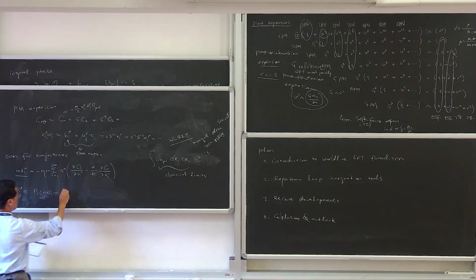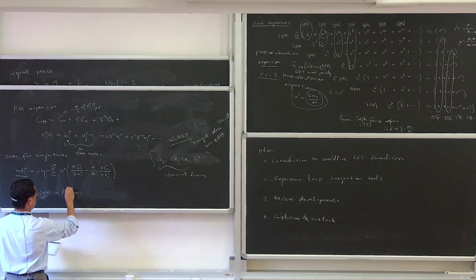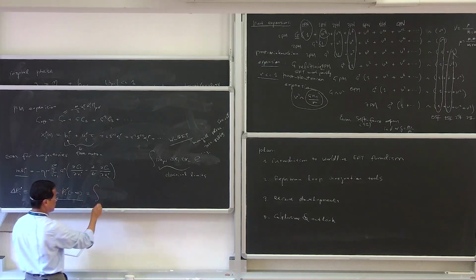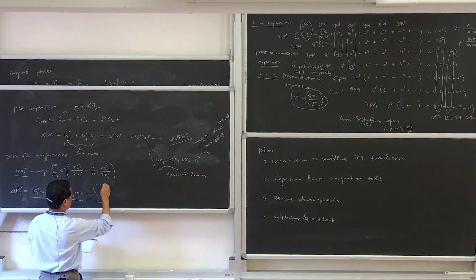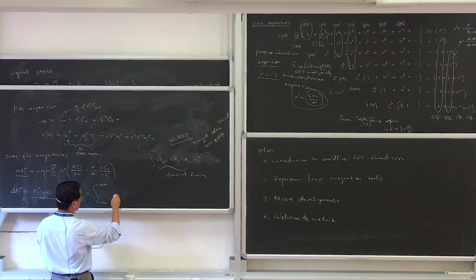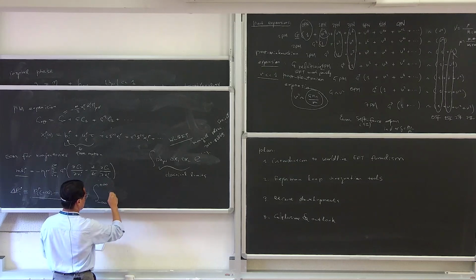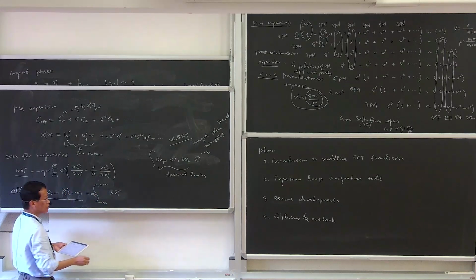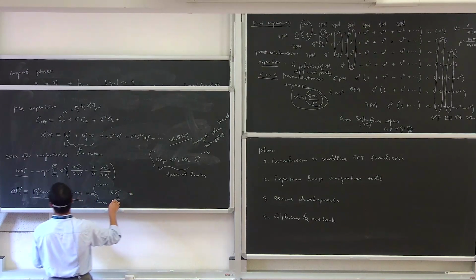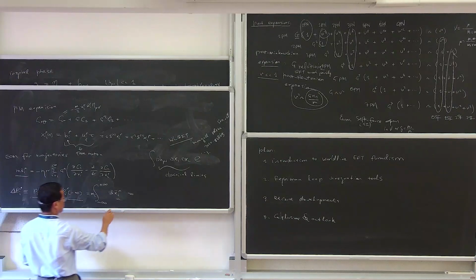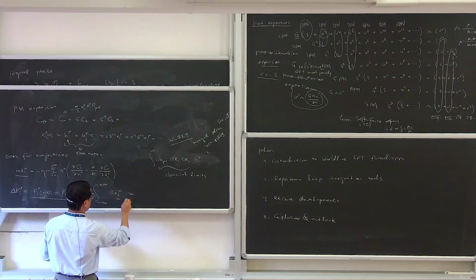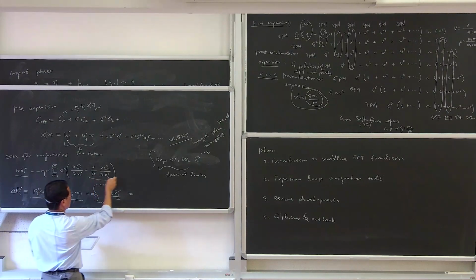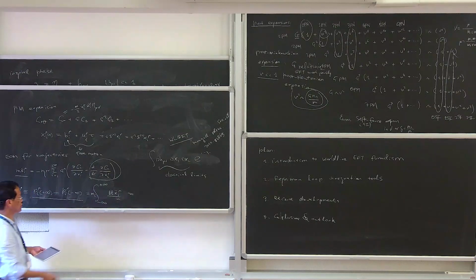How to compute this? We just need to do an integration over dt. Because this term just contributes a boundary term, it is 0.